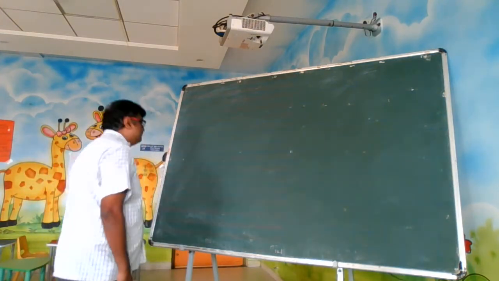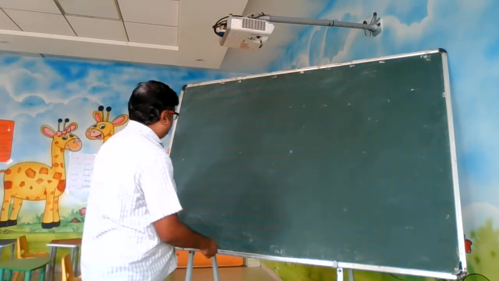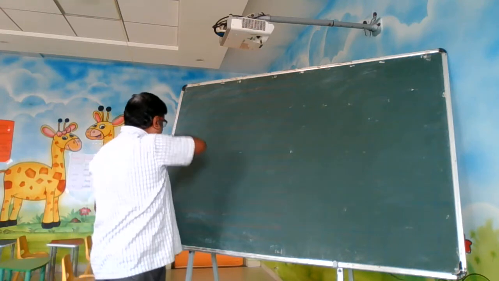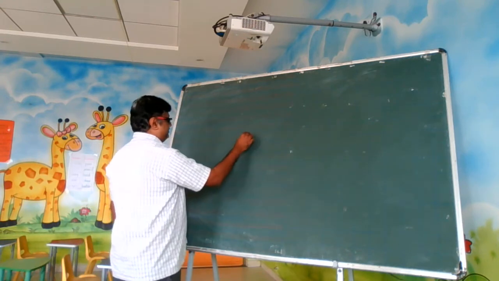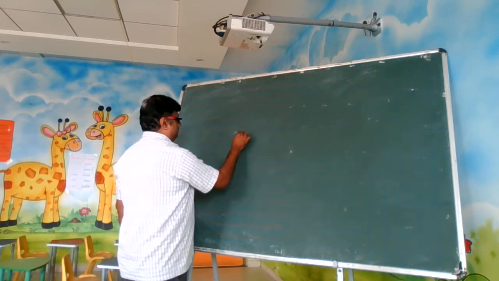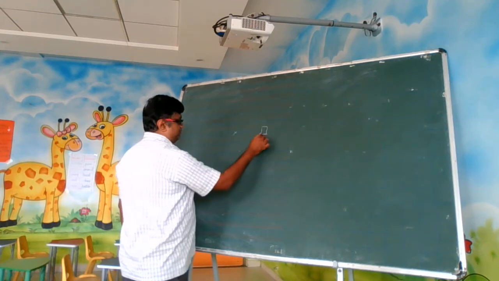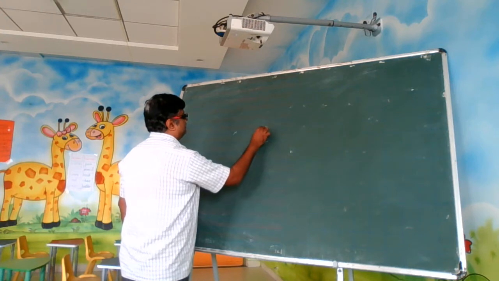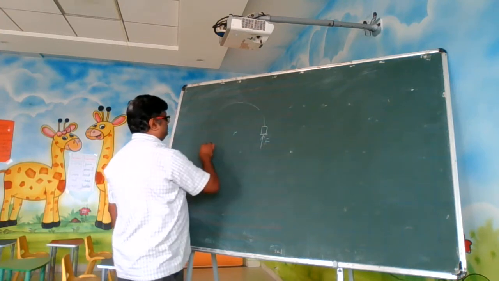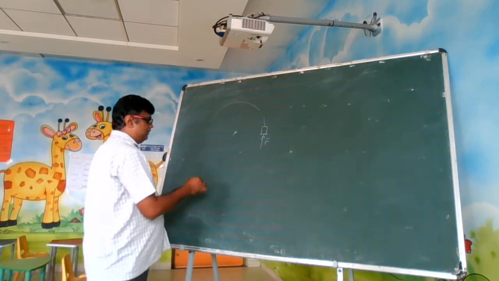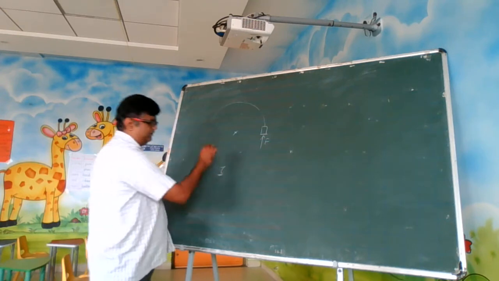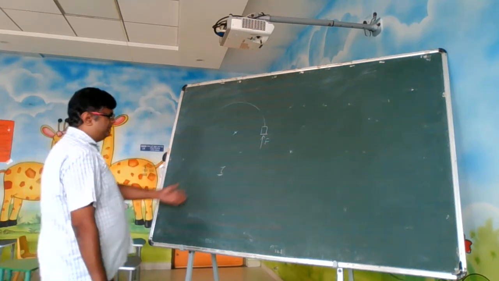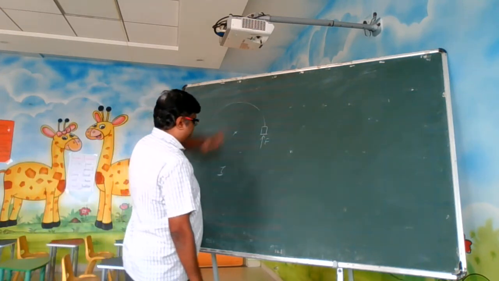Now, when we are talking about rotation, look here. If there is some mass and a force acting on it, trying to rotate it about a particular point, I will get a torque. Torque is finding moment only, force multiplied by distance.